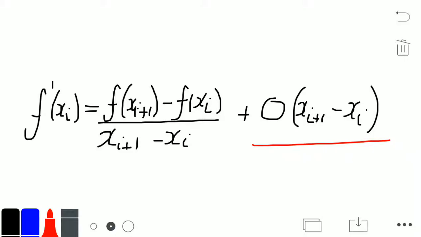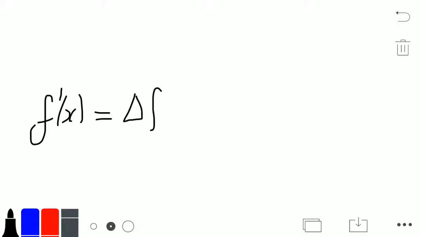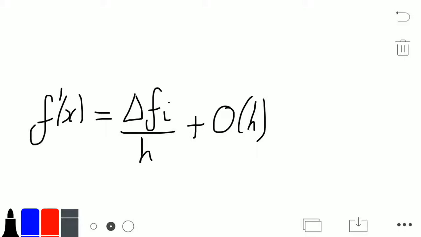This can be rewritten as the derivative being equal to some change in f at point i divided by h plus our error term of order h. Now this is known as the first forward difference, and we know that h is our step size, and another way of thinking about this is the length of the interval over which our approximation is made.